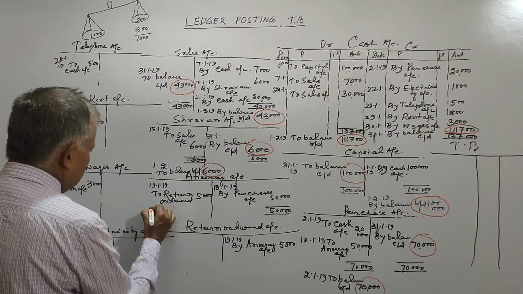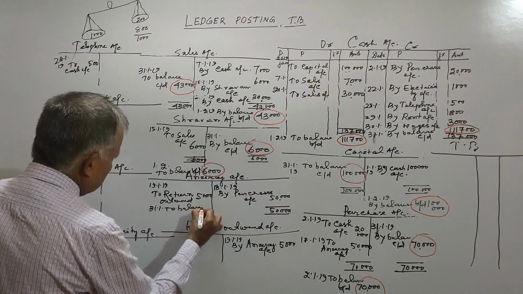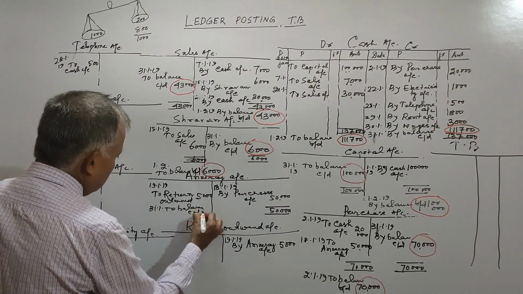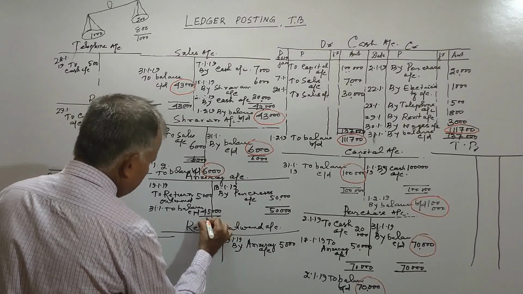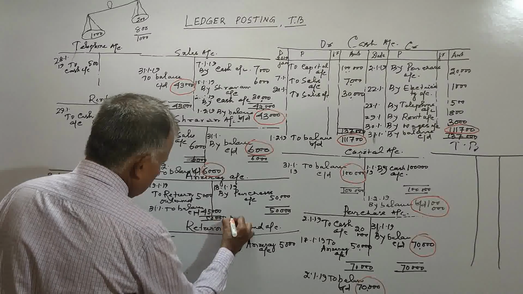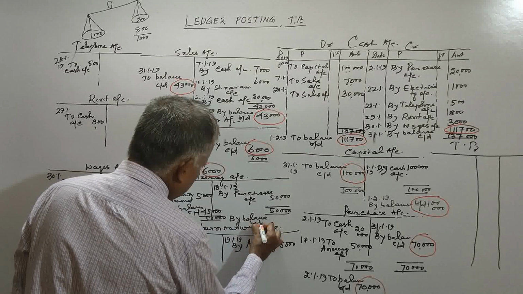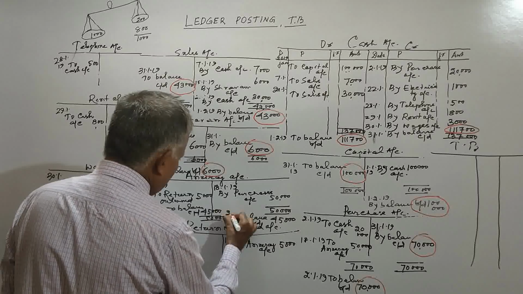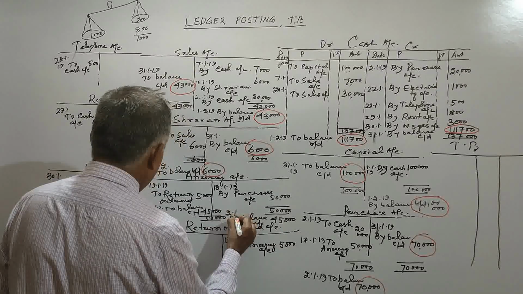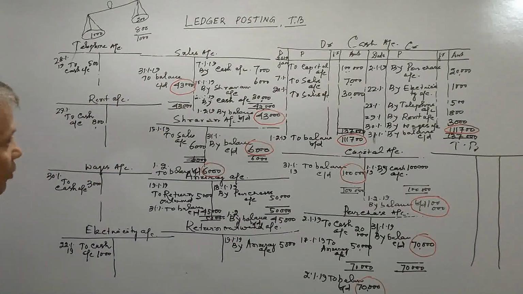Here balancing is 45, so to balance CD 45,000, total 50,000, and we can write by balance BD 45,000, and the date will be 1/2.